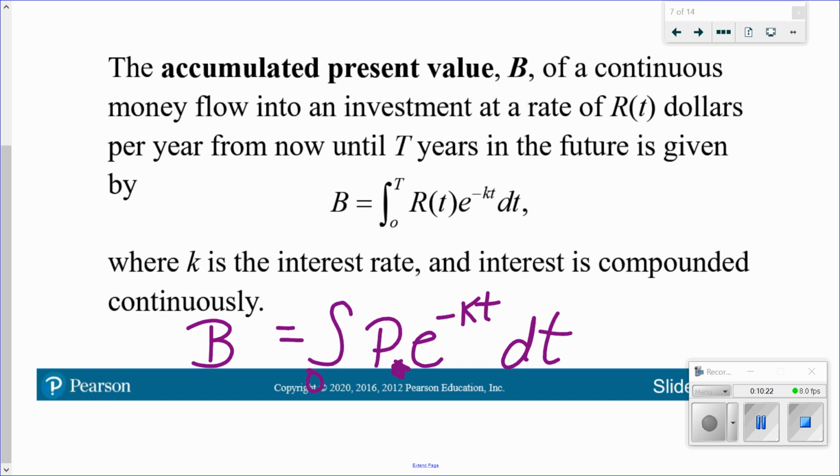And this is from 0 to t years, okay? And I like the way they call that R of t. Okay, we're just going to call it P. So we have to take the antiderivative of the decay function.